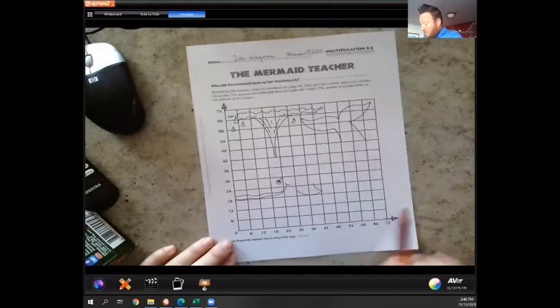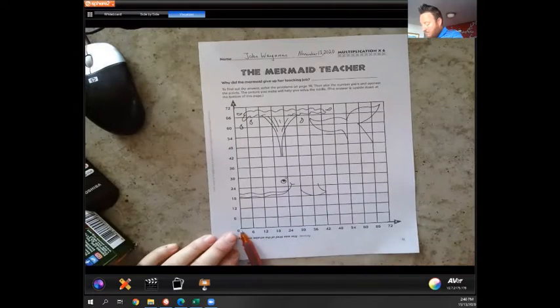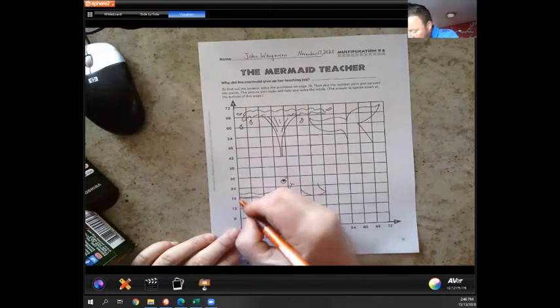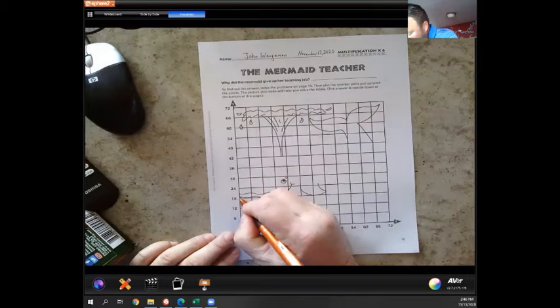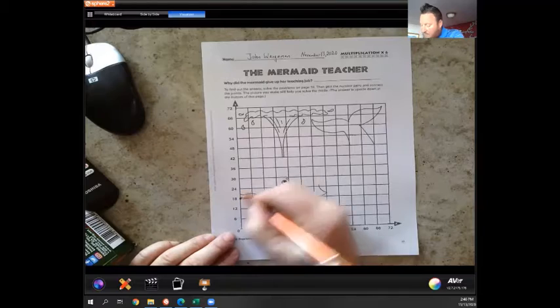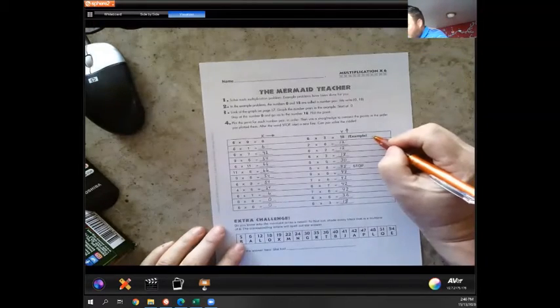So I'm going to flip over. I'm going to find x0, which is right here, and I'm going to find y18, which is right here, and I'm going to put a dot. That's my first coordinate. Now I'm going to flip my paper over. I'm going to put a check mark next to this one because I did it already.